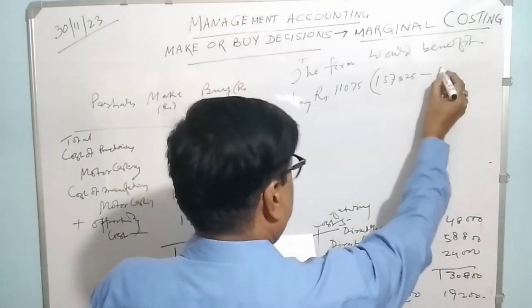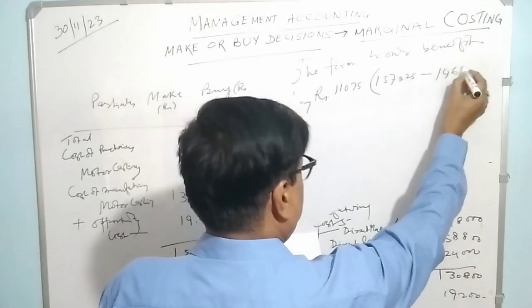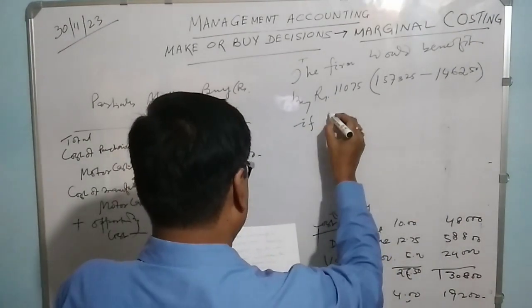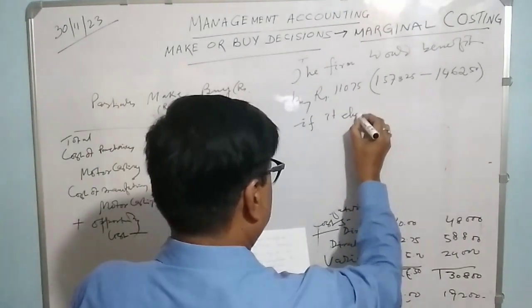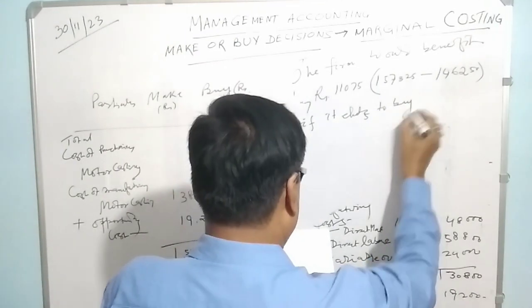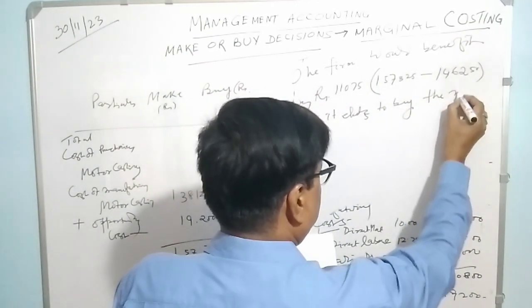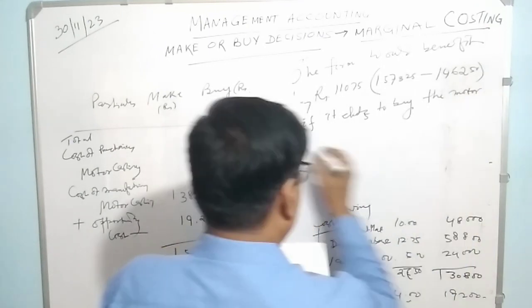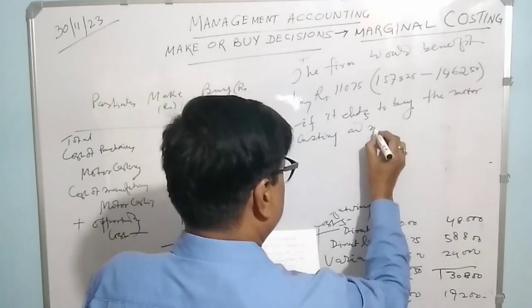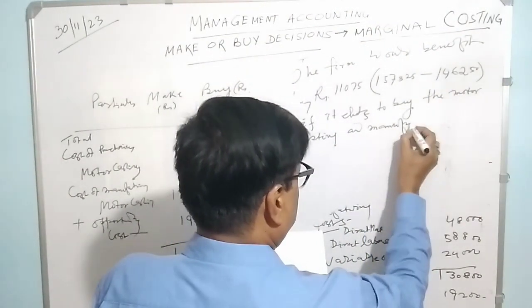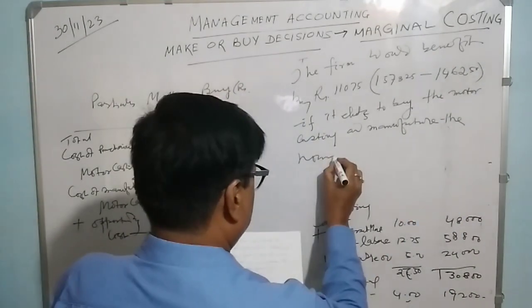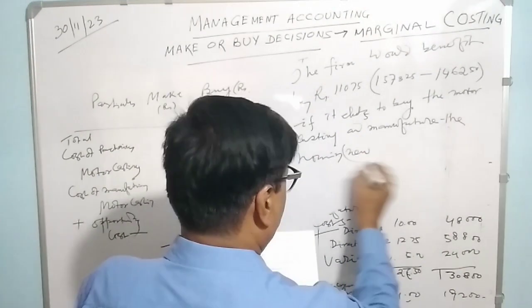1,57,325 minus 1,46,250, if it elects to buy the motor casting and manufacture the housing new product line.